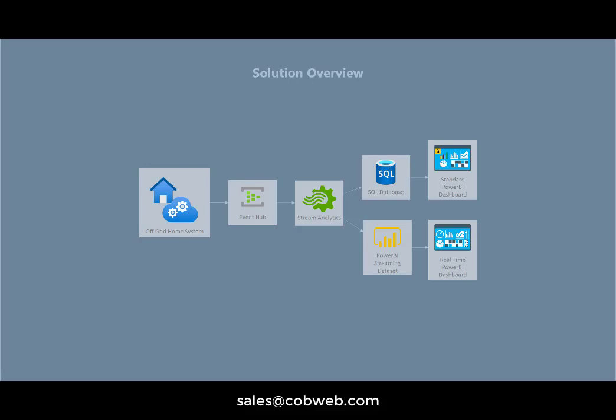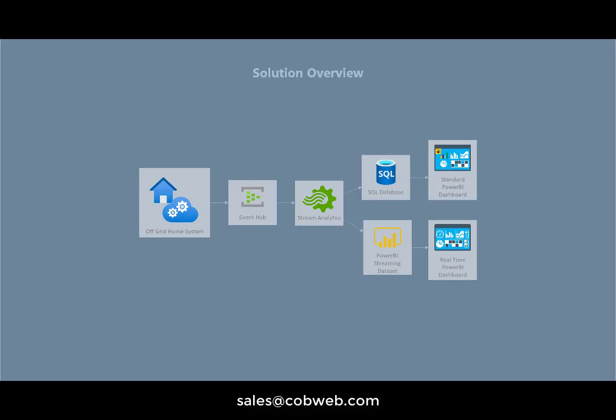We then took the output from the Event Hub and passed it into Stream Analytics. Stream Analytics then passed the data to two places in real time: the Power BI streaming data set and also a SQL database. This SQL database would store the same data that you would be seeing in your streaming data set, but it would allow us to historically analyze the system and how it was performing.